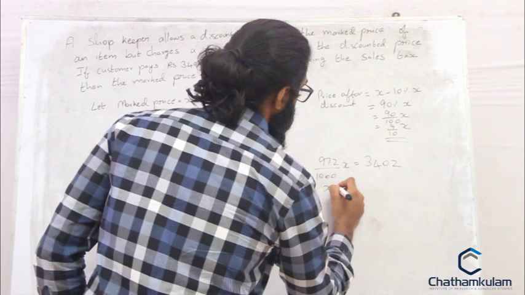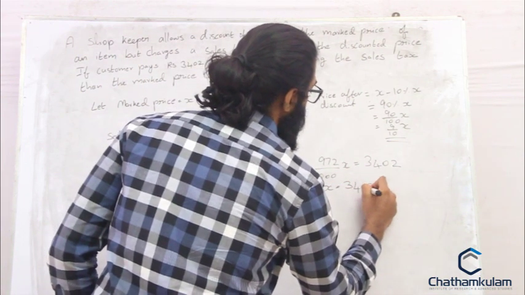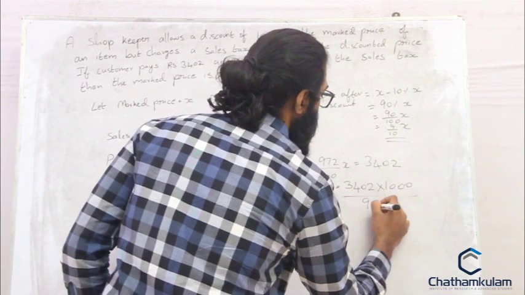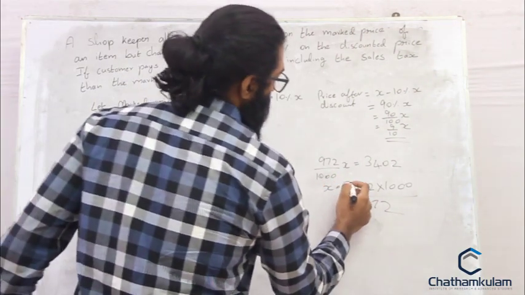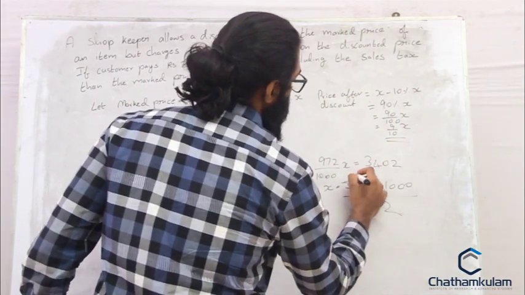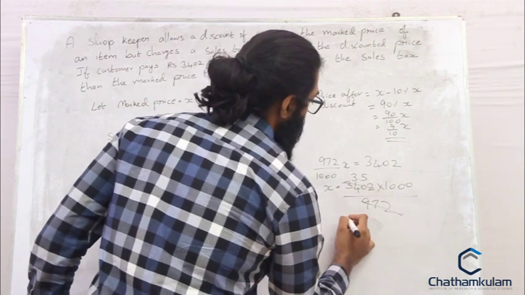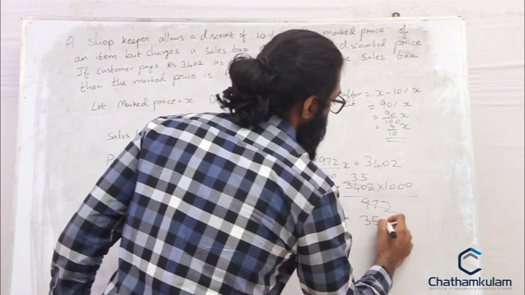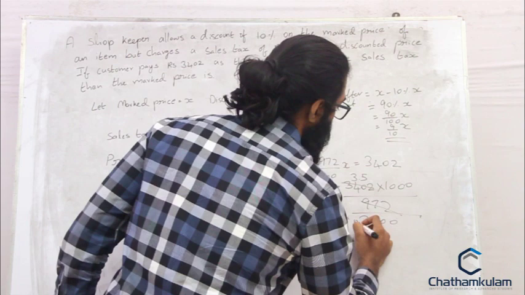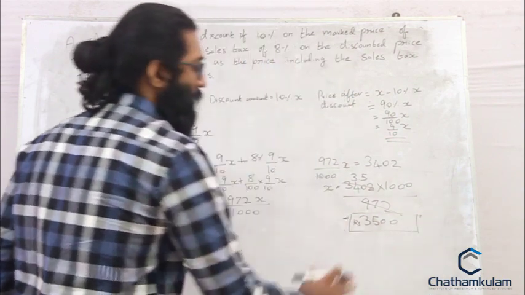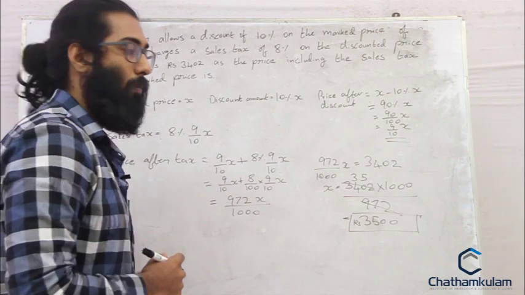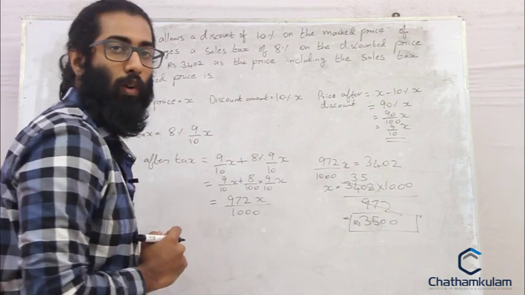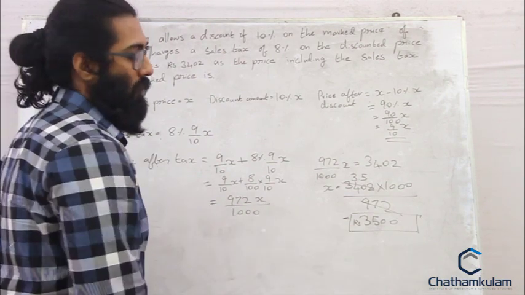Therefore X equals 3402 into 1000 divided by 972. So we cancel 3402 and 972 and get the value as 3.5. That equals 3.5 into 1000, which is 3500 rupees. So this is the value at which the commodity is sold in the market, but the customer got it for an amount of rupees 3402. So 3500 is our mark price.